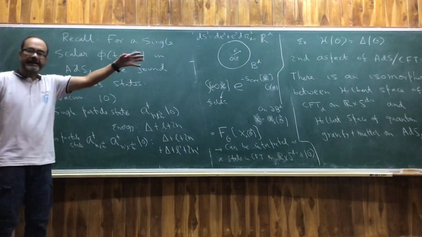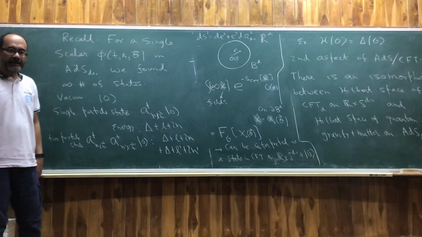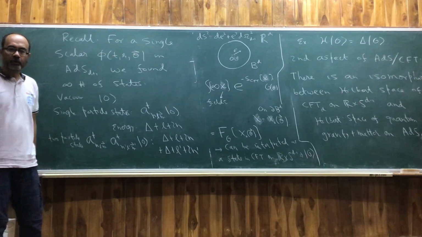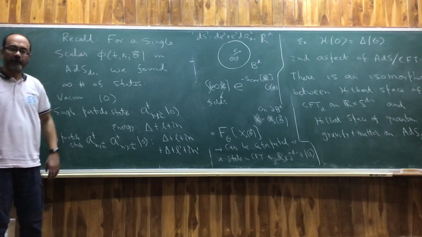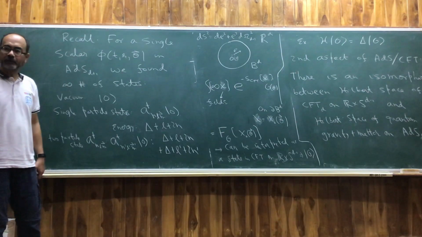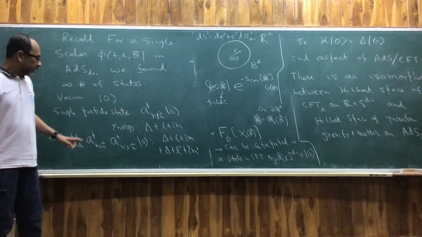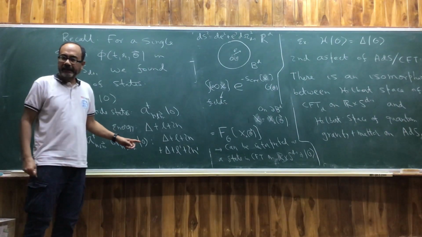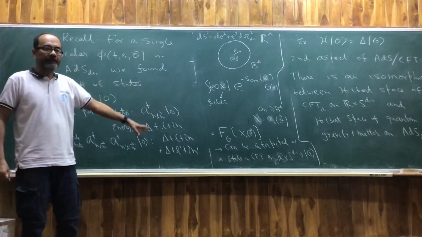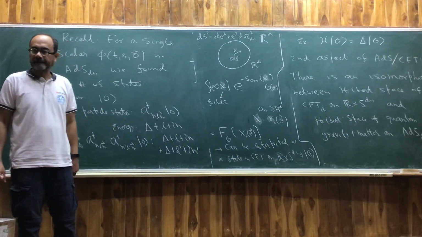So all these states must exist on the CFT side. If this isomorphism is true, all these states must have counterparts on the CFT side, and hence each of these states must have a local operator on the CFT side.